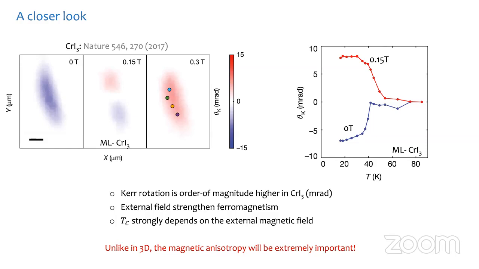And again, your TC also depends on the external magnetic field. So put together, this TC and external magnetic field business is actually telling us that the magnetic anisotropy in these systems is going to be extremely important. Okay, which we also otherwise have understood from the Mermin-Wagner theorem, that if we do not have magnetic anisotropy, then there may not be any ordering in 2D.